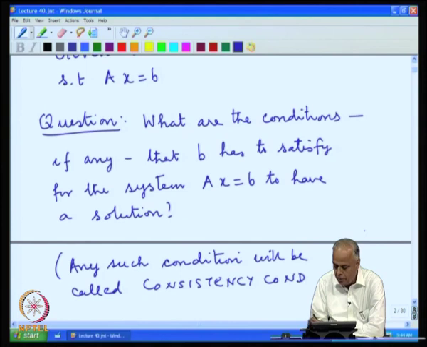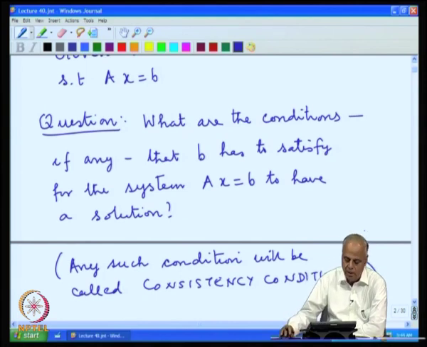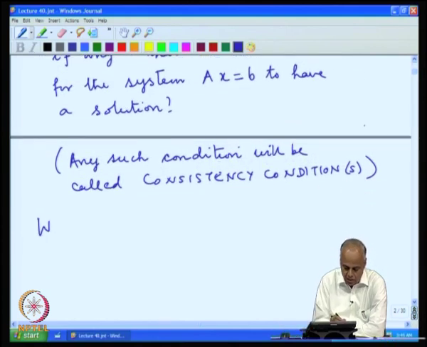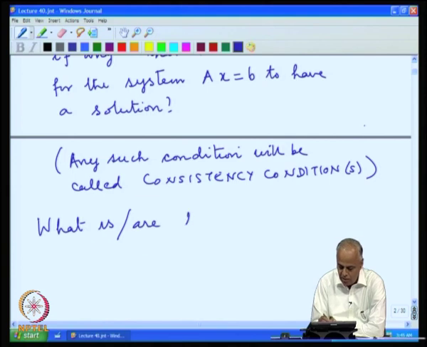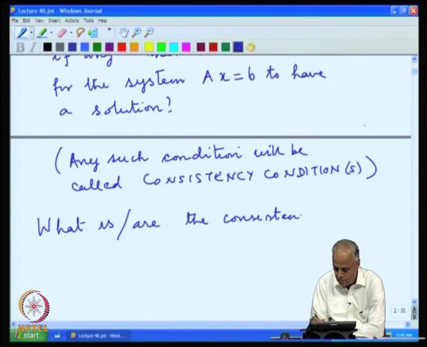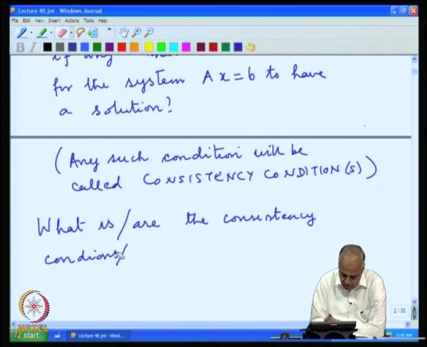So, what we are asking is what is or are the consistency conditions, condition or conditions, whichever way, depending on how many conditions we have to satisfy.